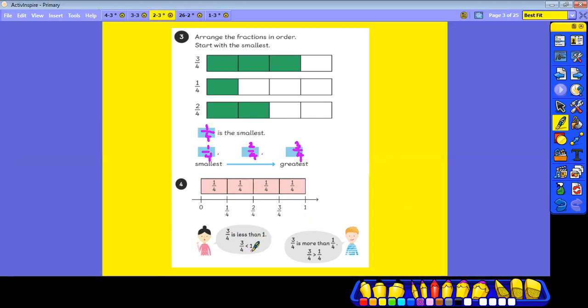And Sam's explaining that 3 quarters is more than 1 quarter, and he's also using our special symbol. 3 quarters is greater than or more than 1 quarter.